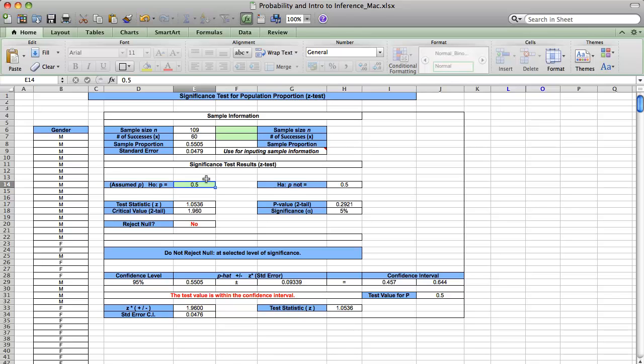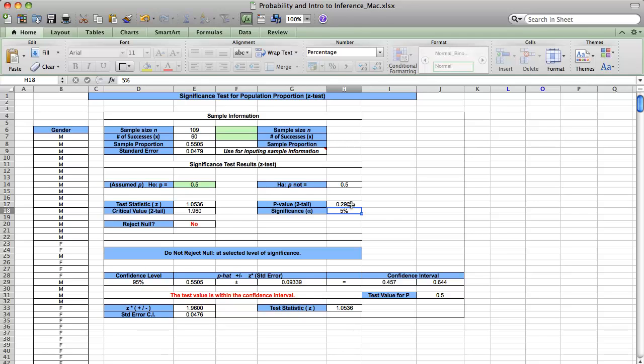Our two-tailed p-value expresses the same thing as the test statistic. In other words, it's showing, in this case with a probability, whether our p-hat value differs significantly from 0.5. When the p-value is less than alpha, we reject the null hypothesis.